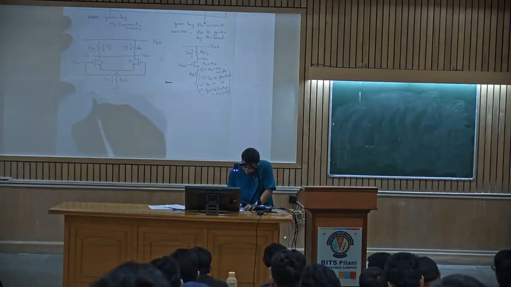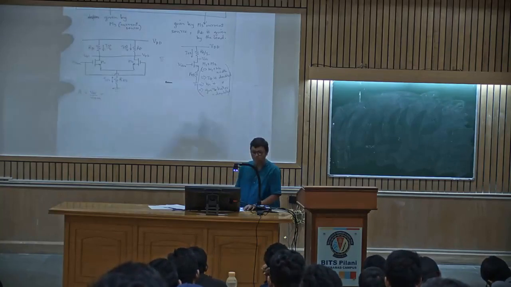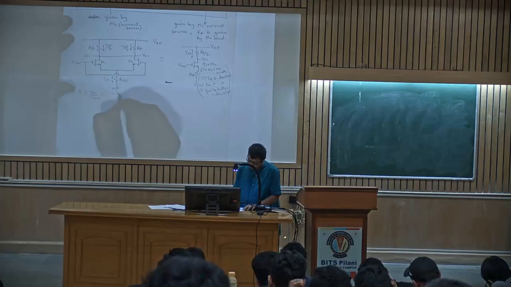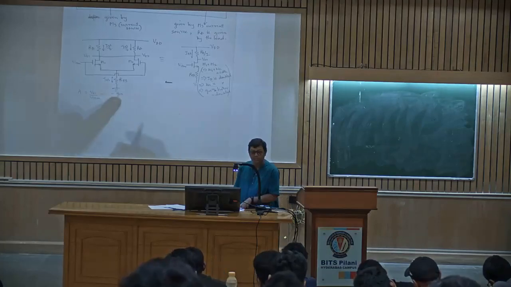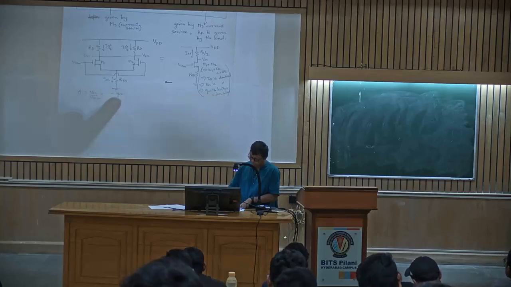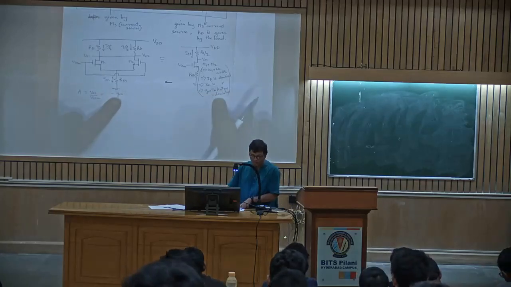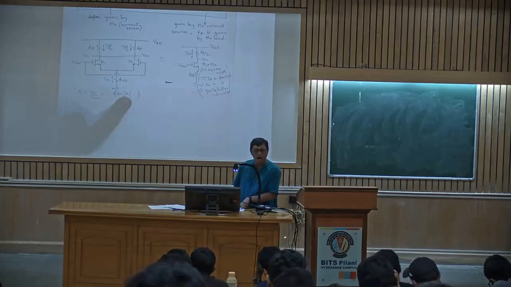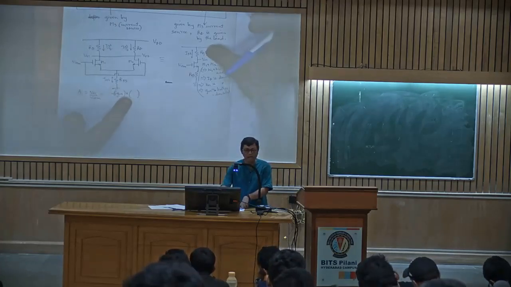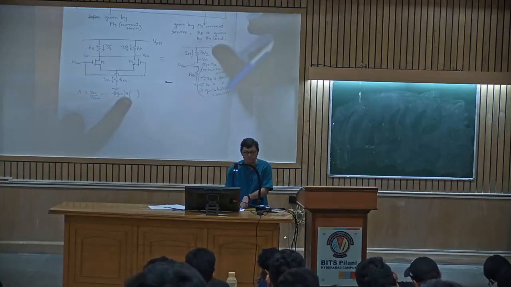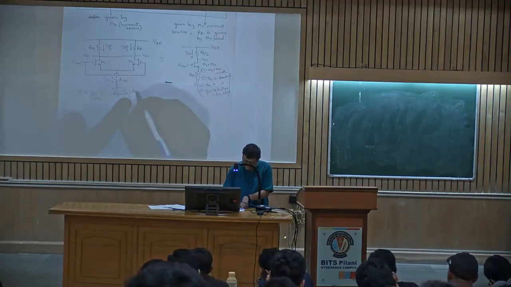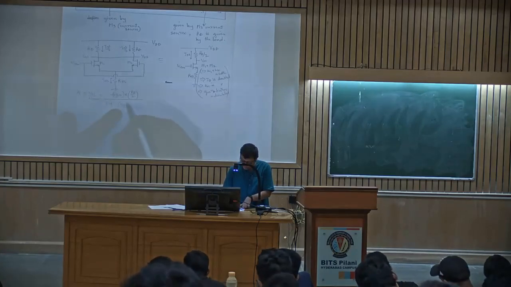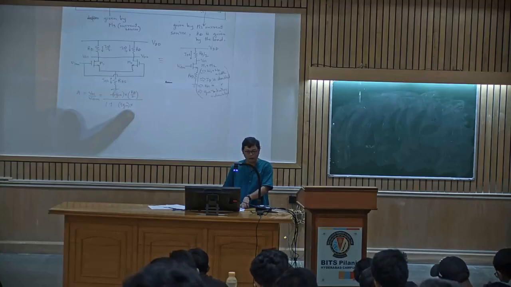VO1 by VICM is equal to, by the formula, minus GM. What will this GM be? GM is doubled. We will put twice GM into RD. RD by 2, because we have combined the two transistors, by 1 plus 2 GM into RSS.